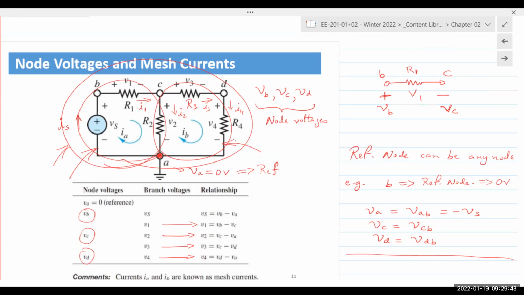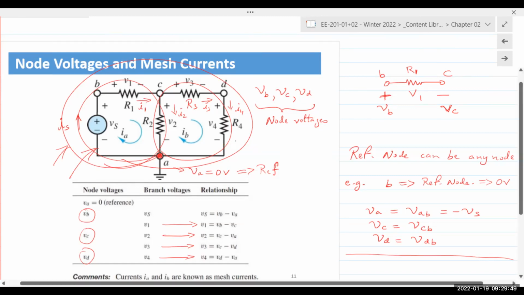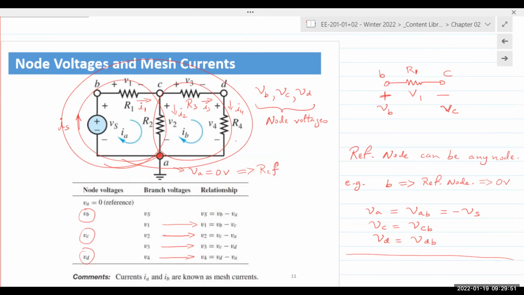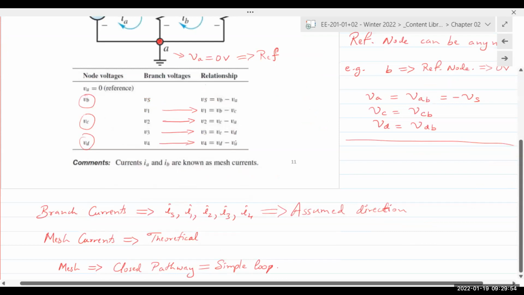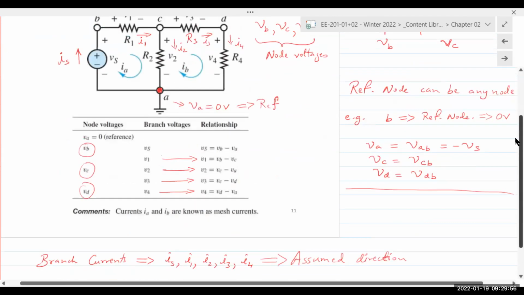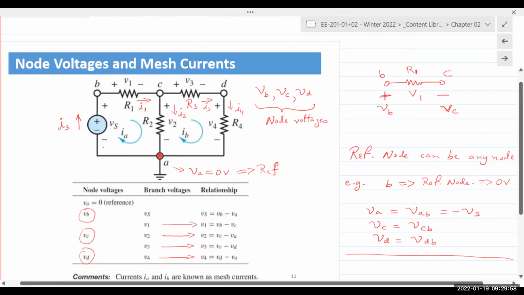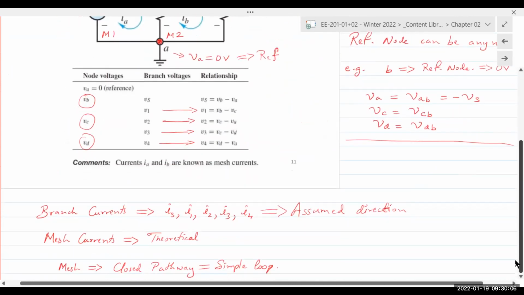You take a closed pathway, and if it doesn't have any other pathway inside it, that's a mesh. In this case, we can say this is mesh 1, this is mesh 2. M1 and M2 are meshes.